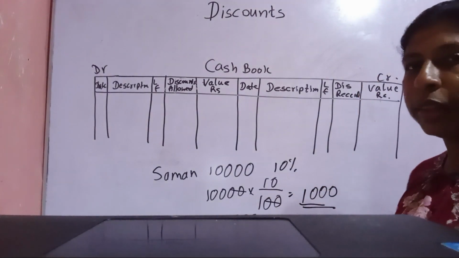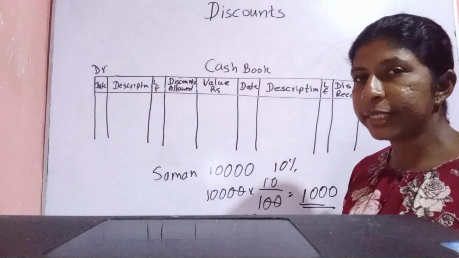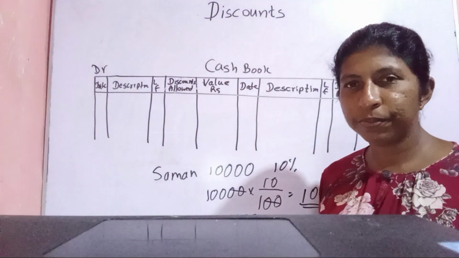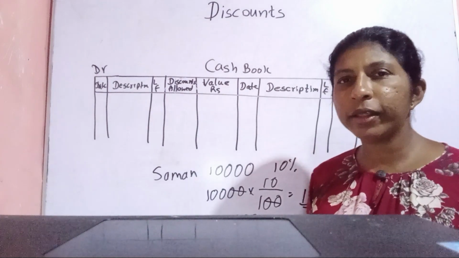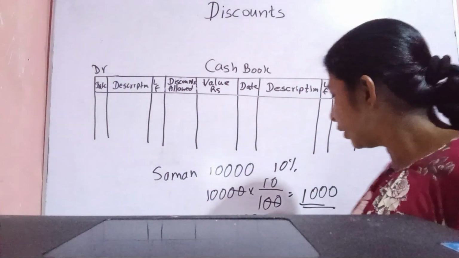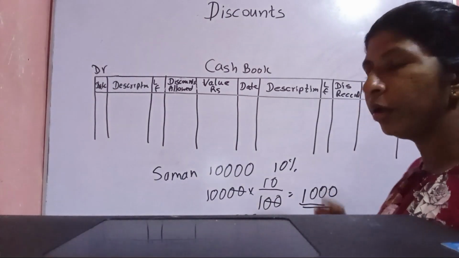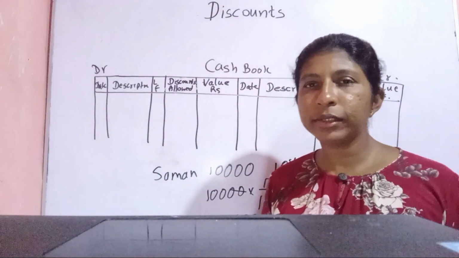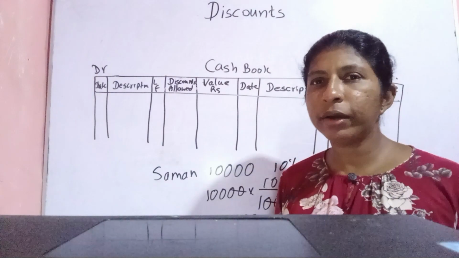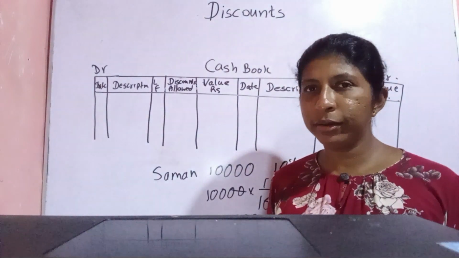As we have given this discount, it is an expense of the business. Therefore, we have to identify the double entry. For this rupees 1,000, we have to debit discount allowed account and credit it to the debtors account.